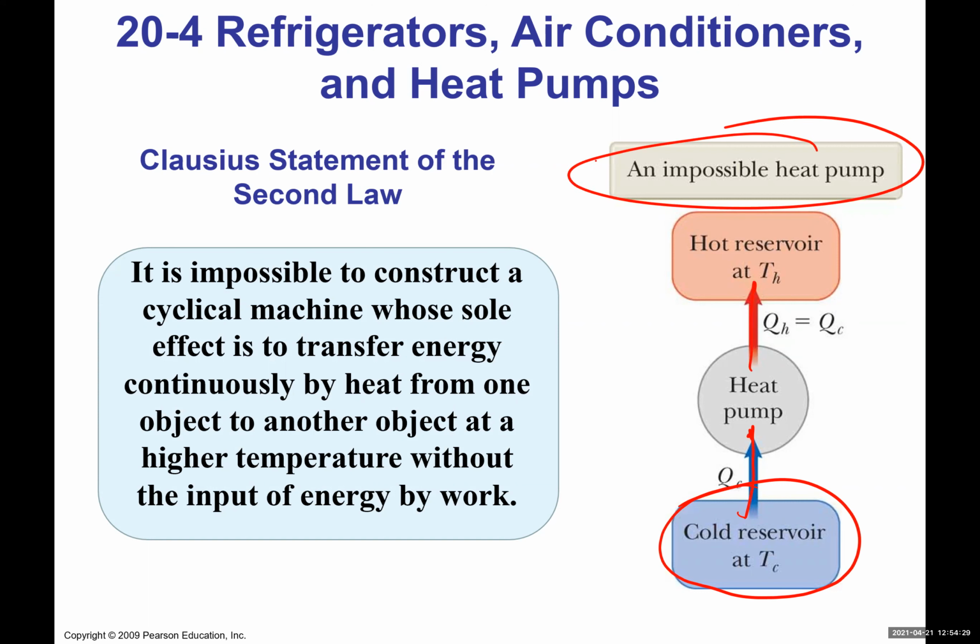Such a heat pump, let's say, is impossible to construct. You cannot have it without any type of input energy by work. That means you have to input some kind of work in order for this process to happen. You cannot expect that this happens naturally on its own.